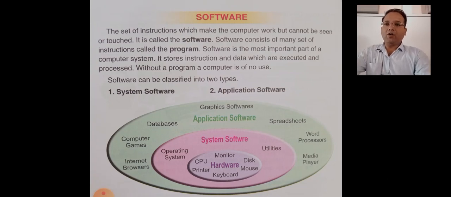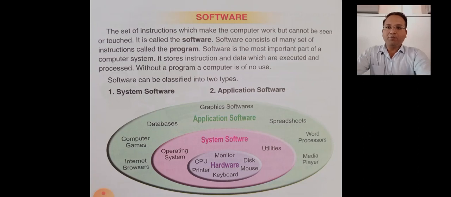So the set of instructions which make the computer work but cannot be seen or touched is called the software. Software consists of many sets of instructions called programs. So we can say that software is a collection of programs.